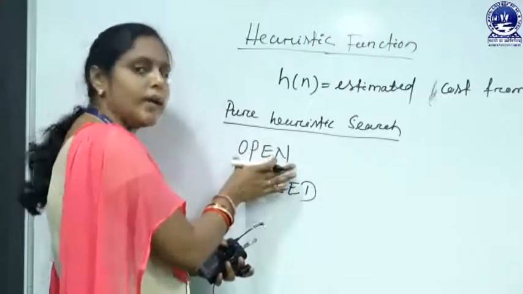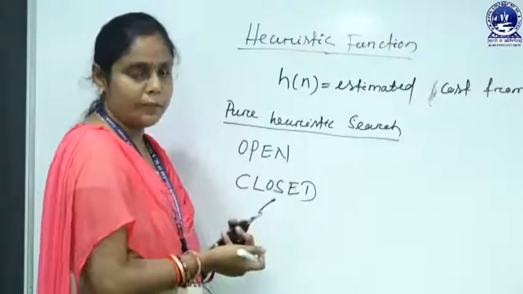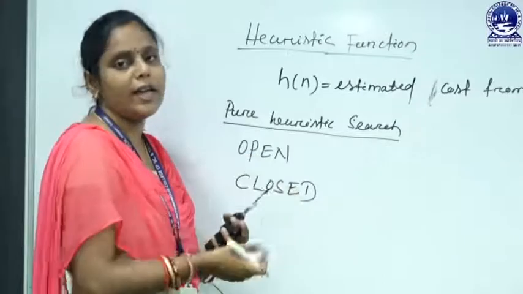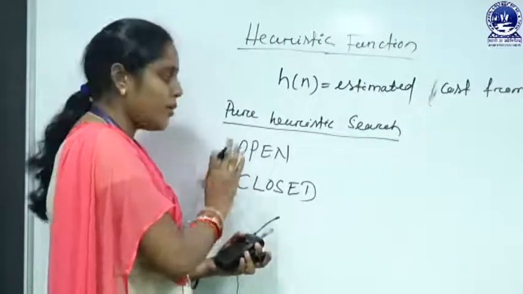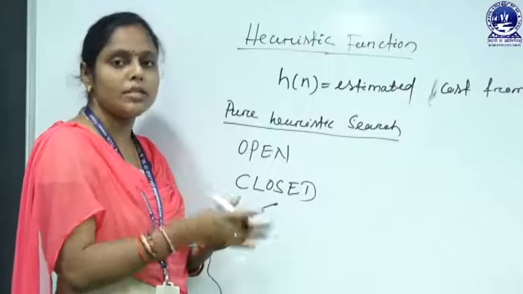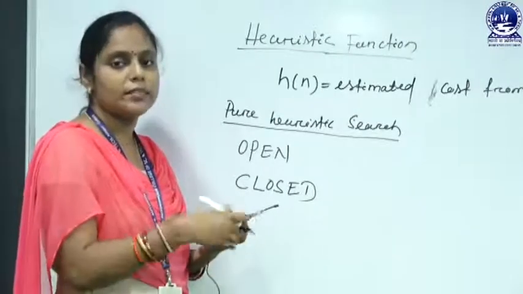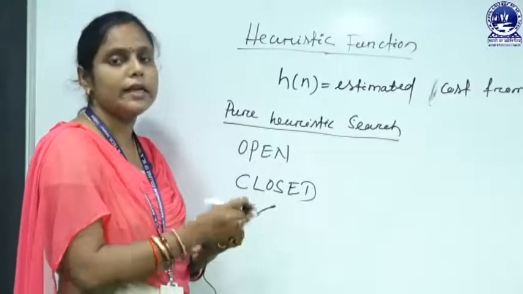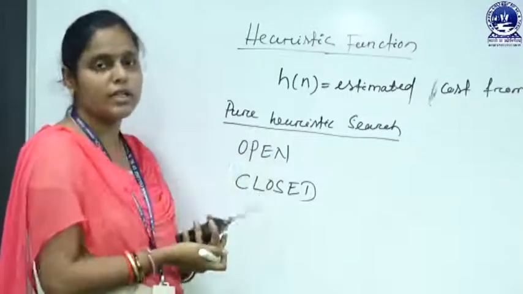The open list contains the nodes which are not yet expanded, and the closed list contains the nodes which are already expanded. Based on these two lists it performs the search, and it always checks which node has the lowest heuristic value, then chooses and expands that node, and this process continues until it reaches the goal node. That is the function of pure heuristic search.